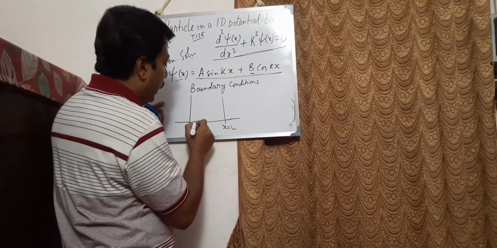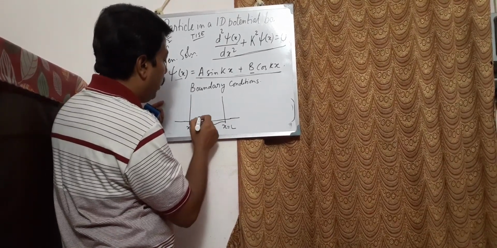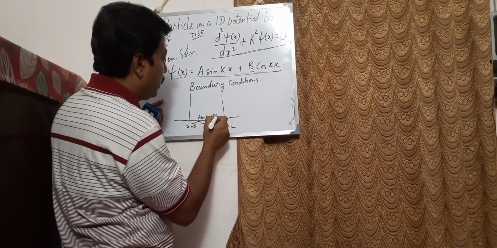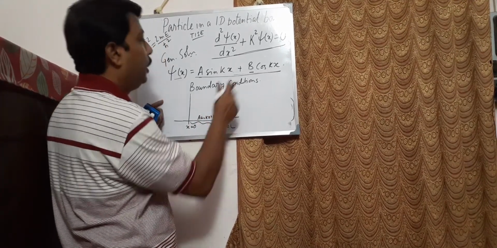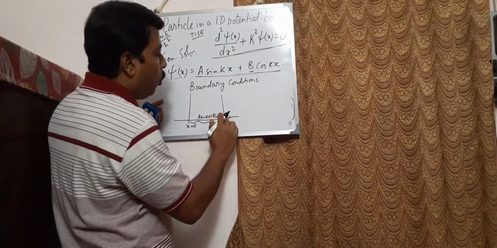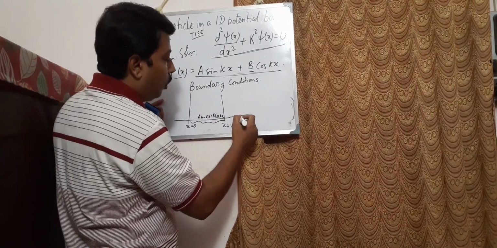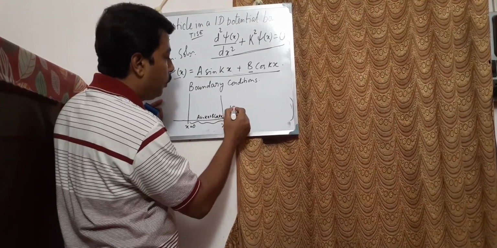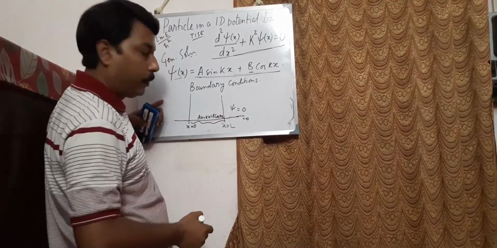So you see, in this region, our wave function is a sin kx plus b cos kx, as we have obtained. What about on this side, L to plus infinity? We have already said in this region the wave function has to be 0.